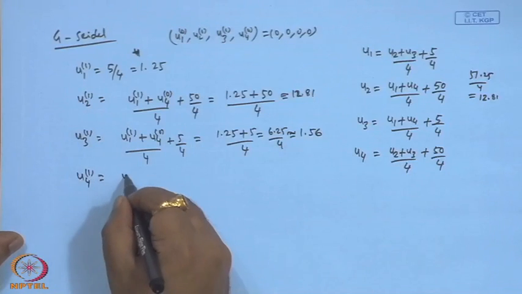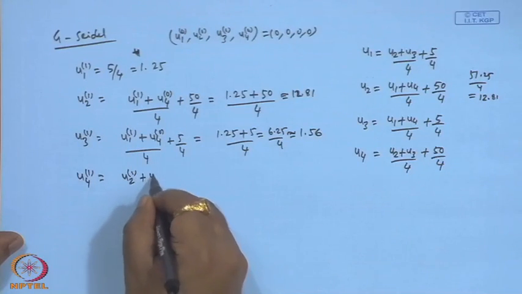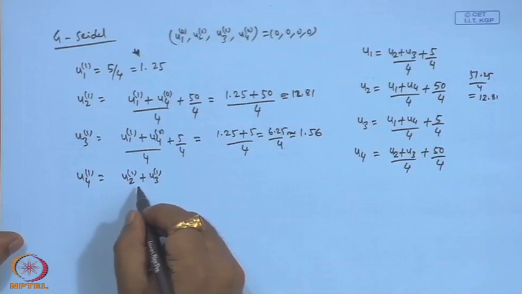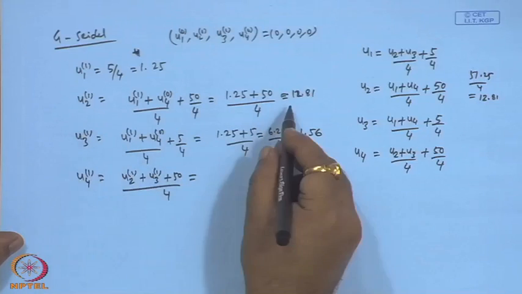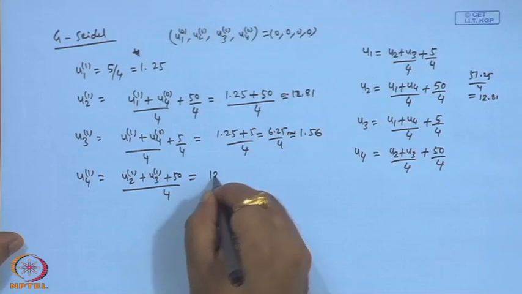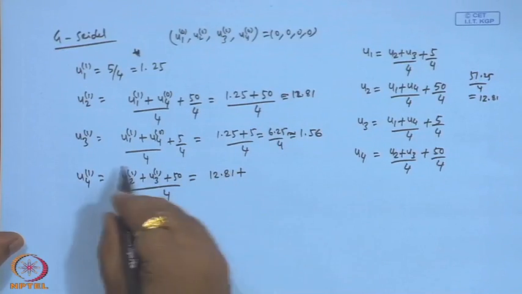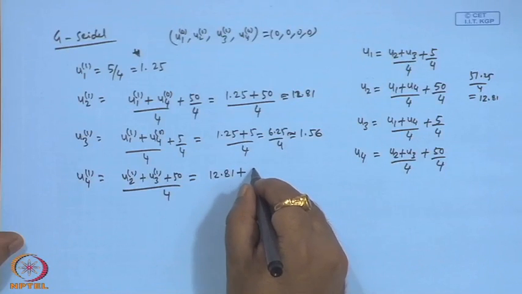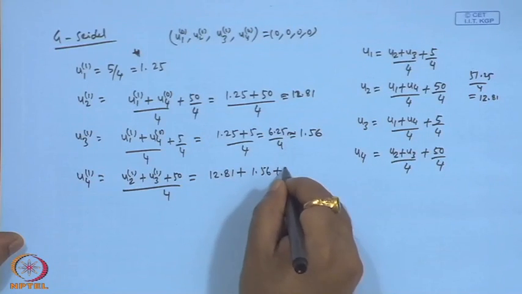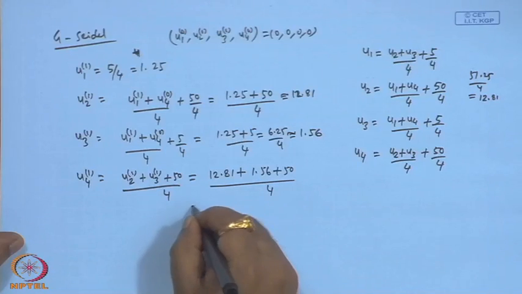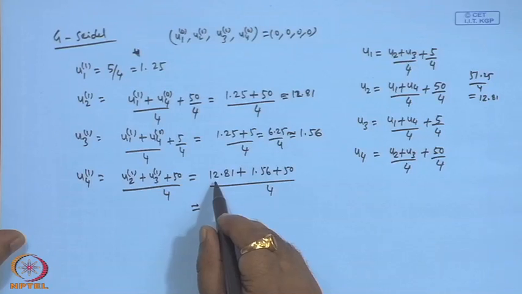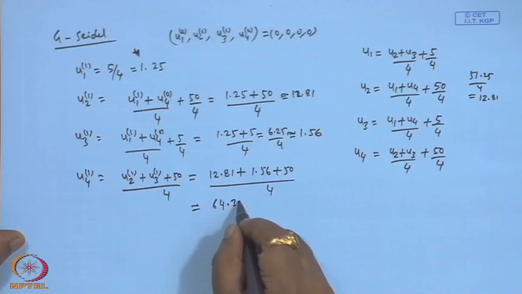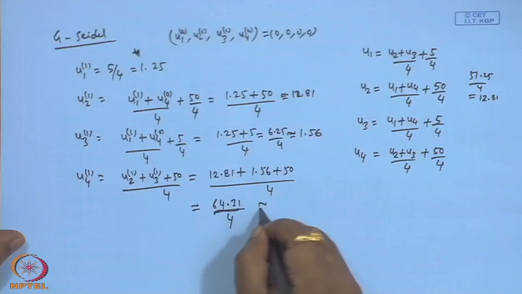So, we must use them. So, u 2 1 is 12.81, u 3 1, so this is roughly 51, 63, 64.31 by 4.